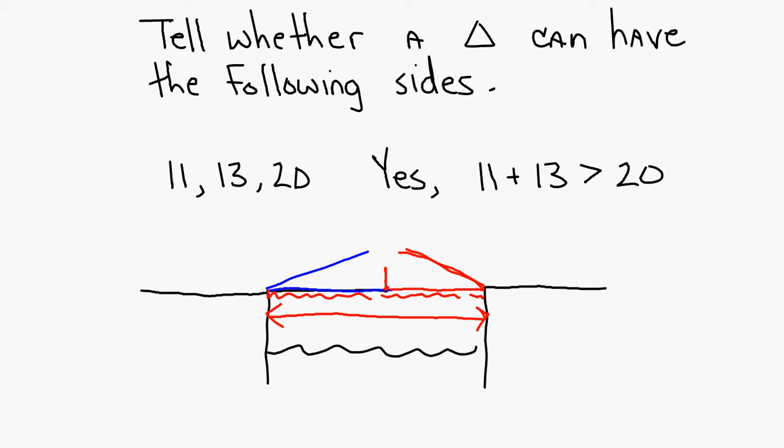Okay, and then you went to section 5.6, inequalities in two triangles. That's where you were given a picture like one triangle and another triangle.